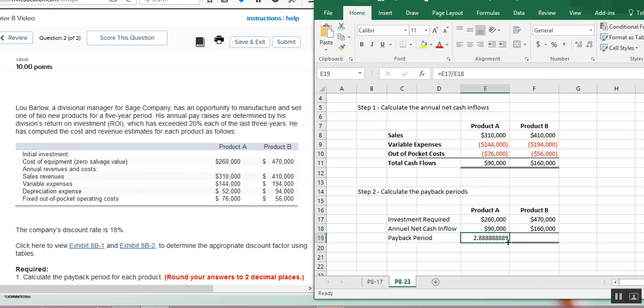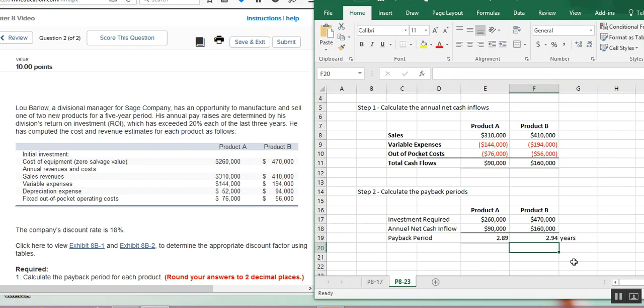I didn't round these, probably should have, so I have lots of decimals. It looks like 2.89 years, and those are actually years. Let me clean that up a little bit: 2.89 years and 2.94 years, rounded to 2 places.